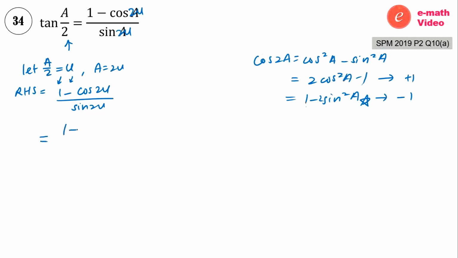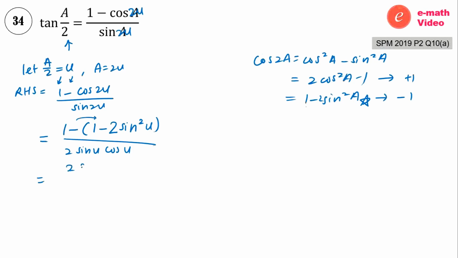Equals 1 minus bracket 1 minus 2 sine square u, over sine 2u. We already have one formula: sine double angle is 2 sine u cos u. You see, very easily, this 1 minus 1 will become nothing, and the negative sign outside will become positive.